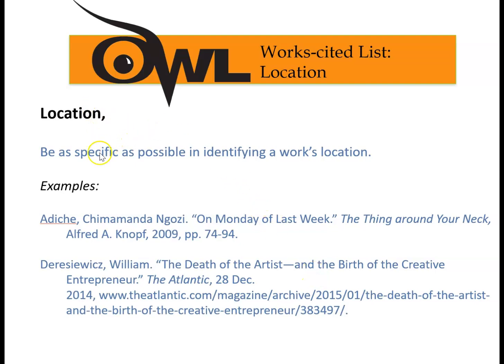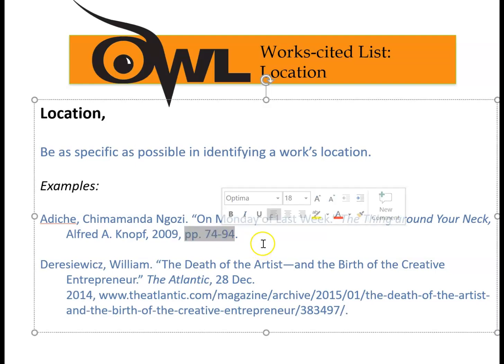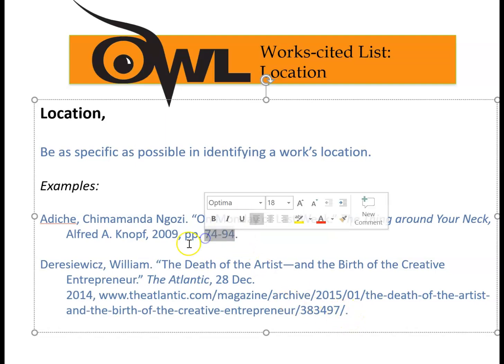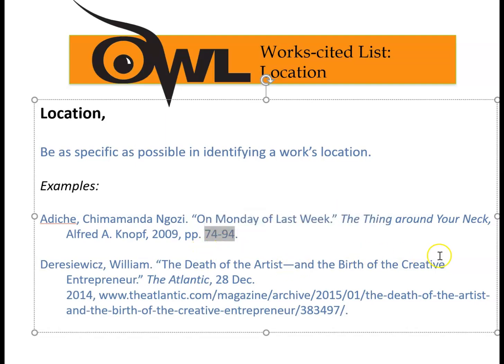And then the location information is either the page numbers, if it's a hard copy of a book, and this is the full range of the pages. So the whole article runs from page 74 all the way to page 94. So that's the page numbers, pp. and then the number range.